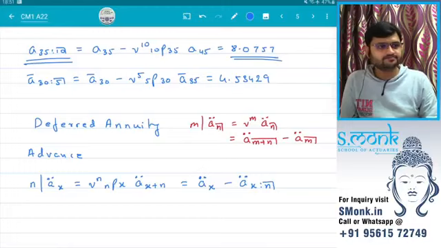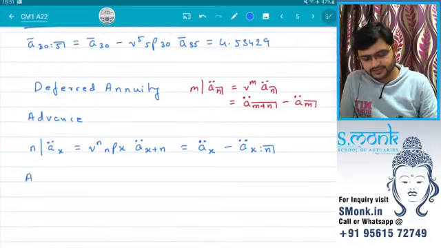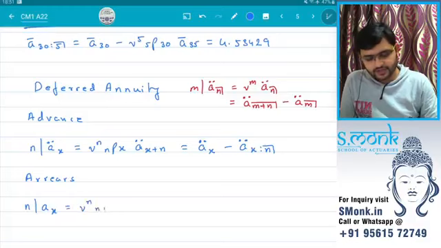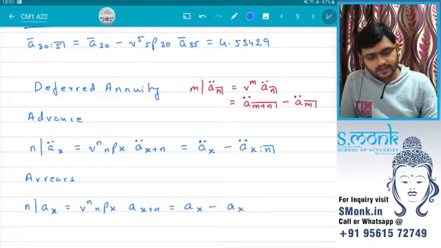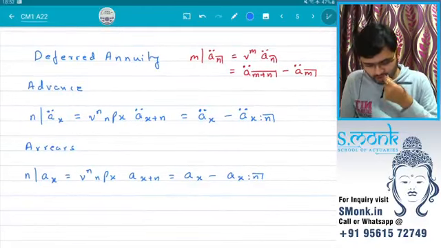Now we can write this in terms of arrears as well as continuous. If I say arrears, n deferred ax will be v raised to n, npx, ax plus n, which is again ax minus ax n. The same thing continues.